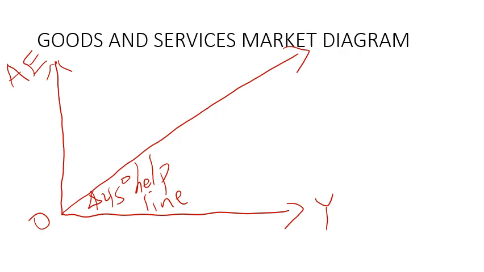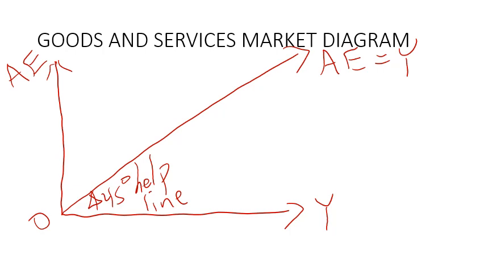That's right, the slope is 1. It's a straight line, and it cuts up the right angle into 2 equal parts. So again, the slope is equal to 1. Any point on this 45-degree help line represents the goods and services equilibrium, which means that any point along this 45-degree help line, aggregate expenditures are equal to national income.